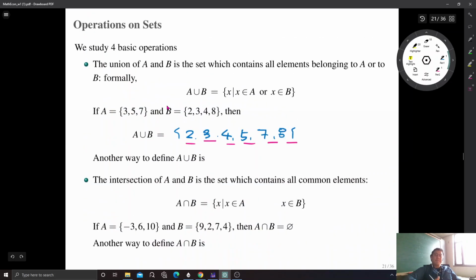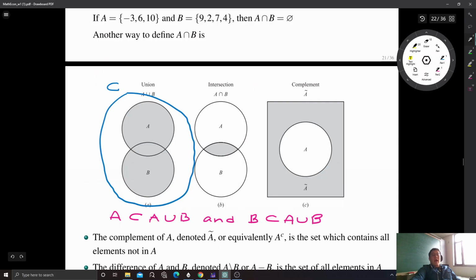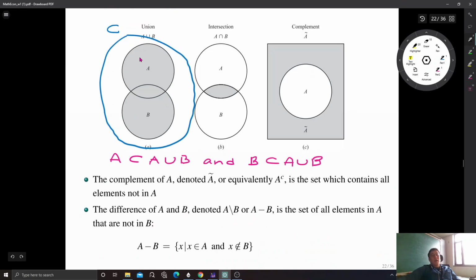So another way to define the union is as the smallest set including A and B. There are plenty of other sets including sets A and B, but the union of A and B is the unique smallest set including both.